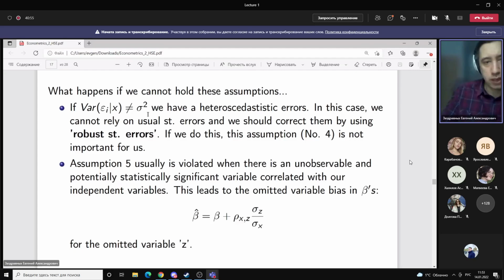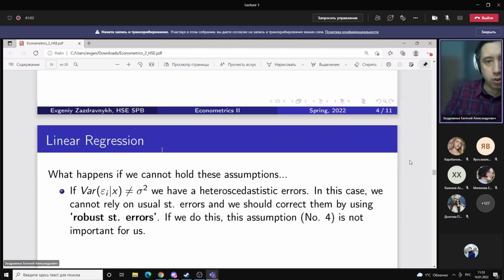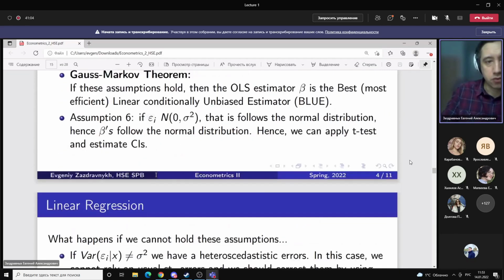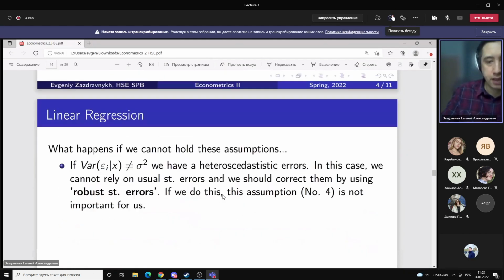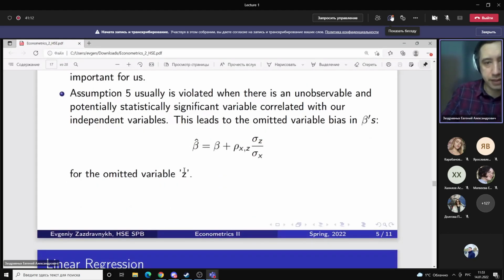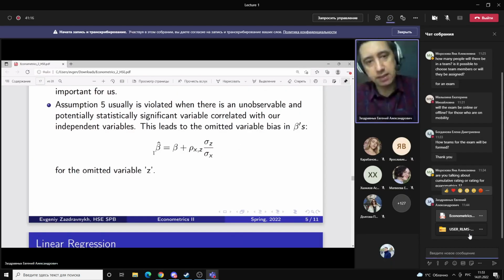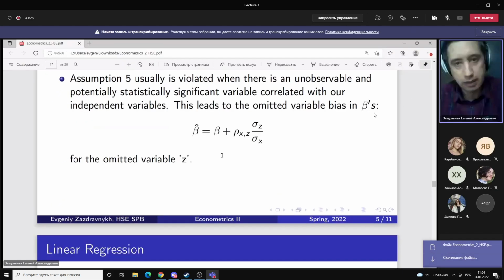But it is a problem when our error term is correlated with X. If we have such a correlation, we have a bias in our estimated betas. Our estimated betas will be different from true betas even if we collect more data. Hence, our estimated betas cannot be consistent.